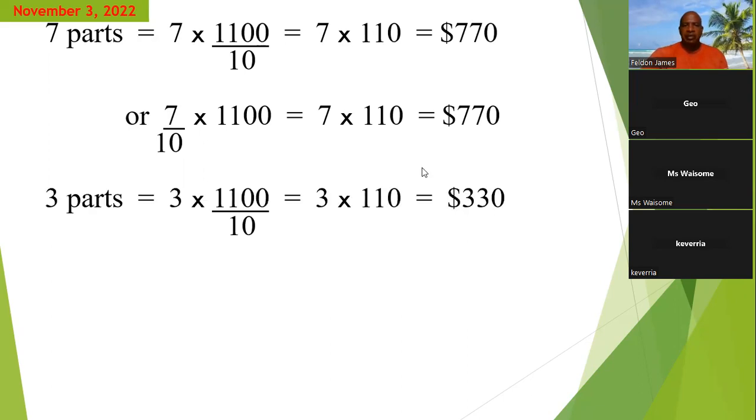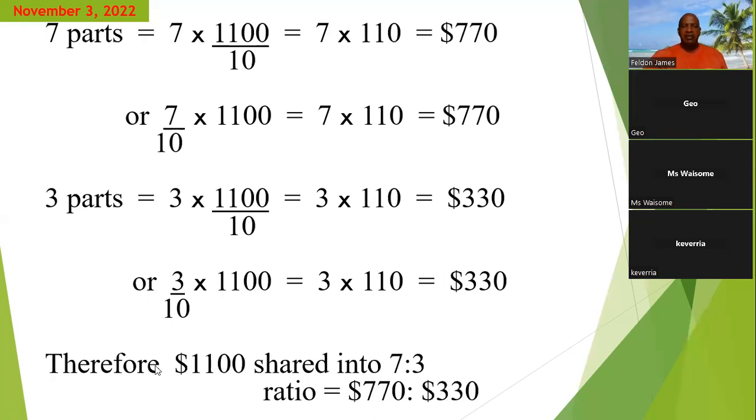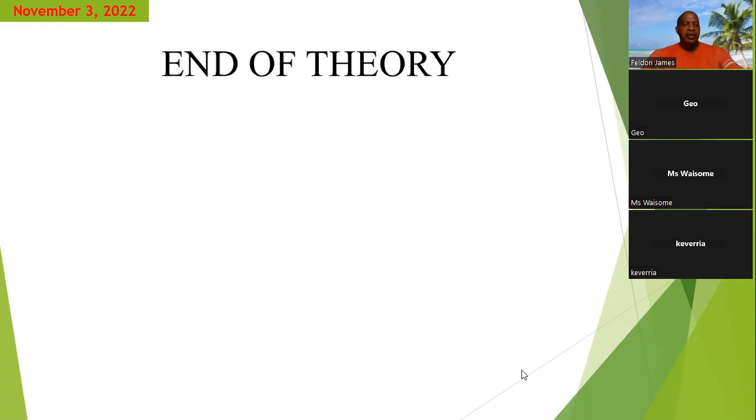So for the 3 parts, you would write 3 times 110, or 3 out of 10 times 1,100, which would end up giving you that same calculation. If you add both shares, then the ratio would be in the form of 770 to 330. All right, guys, that would bring us to the end of this topic.